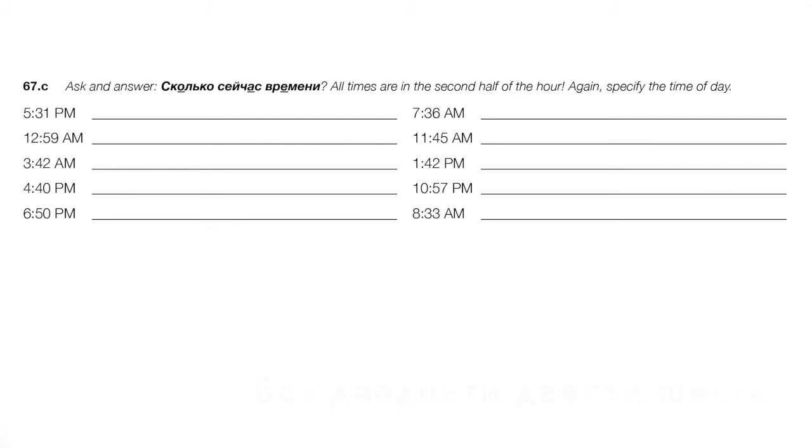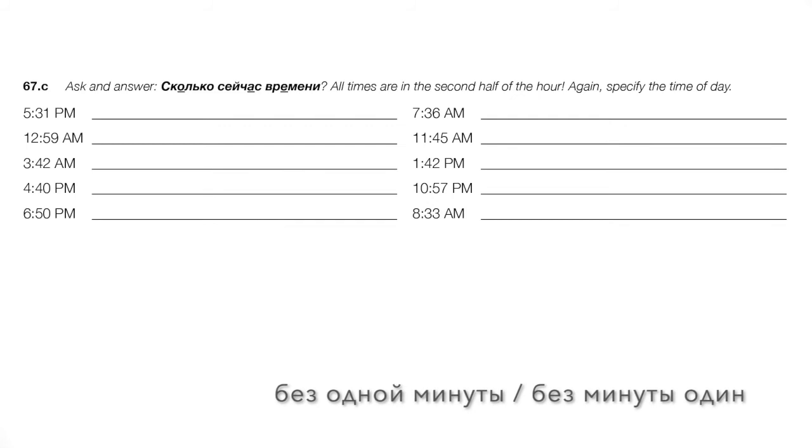Okay, PM, that would be evening, I guess. We'd say вечера. Okay, 12:59 a.m. So that's going to be ночь, right, in the middle of the night. So we want to say without 1 minute, 1. Без одной минуты, or без минуты, 1 ночи, right? Ночи would be the equivalent of AM. Okay, 3:42 a.m. Again, also quite early in the morning.